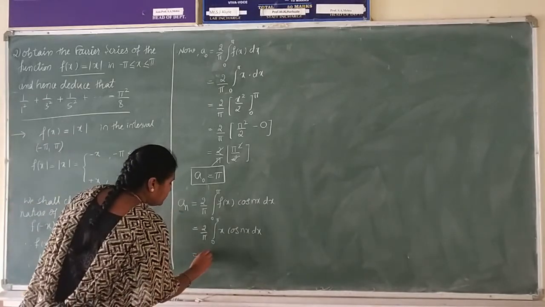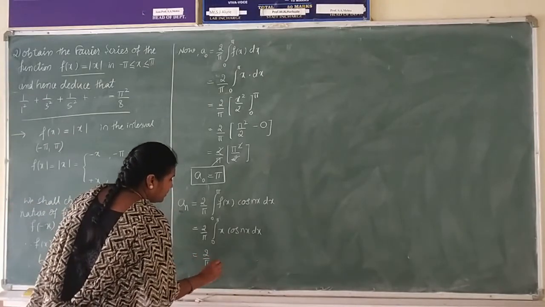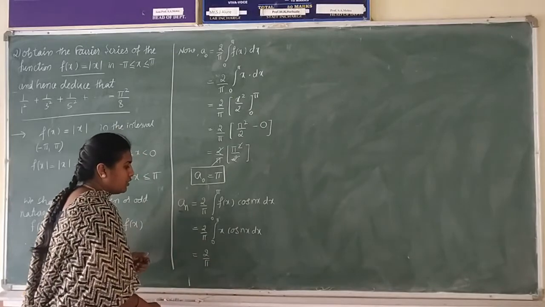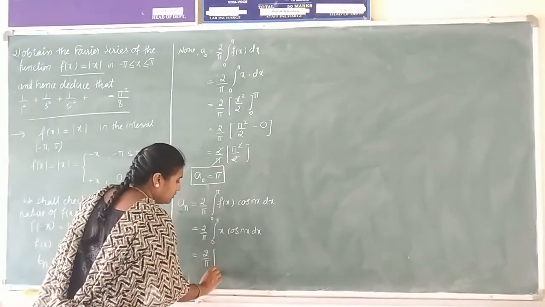Now this is equal to 2 by pi. We need to integrate x cos nx using Bernoulli's rule.